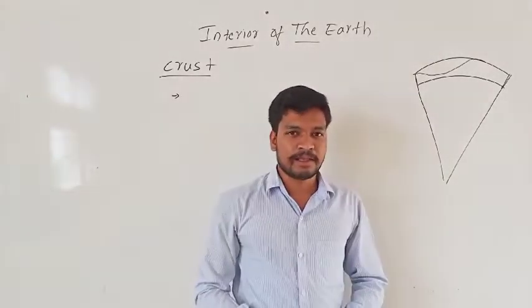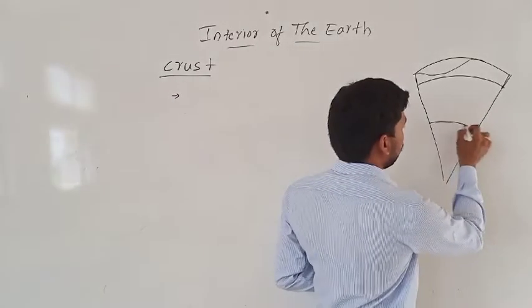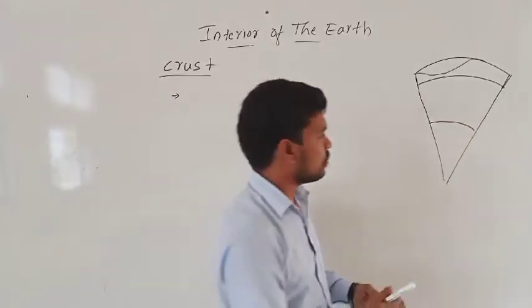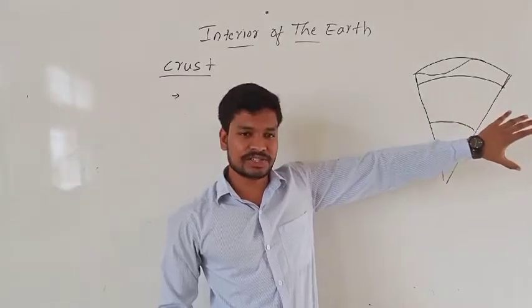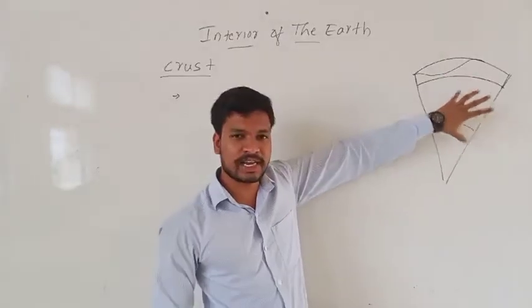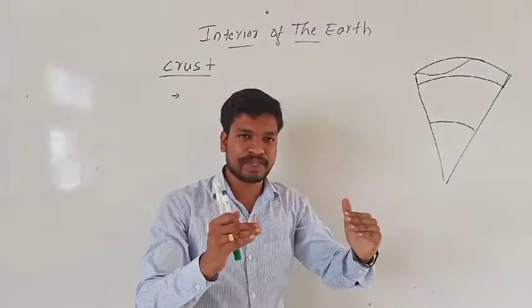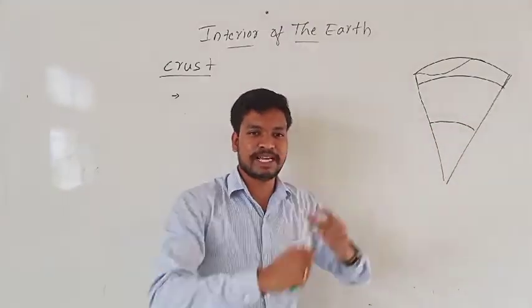Continuation. The interior of the earth, the layers inside the earth, are not continuous. It has a discontinuation. The core and the mantle are two separate layers, which means it is discontinued. It has a break in between.